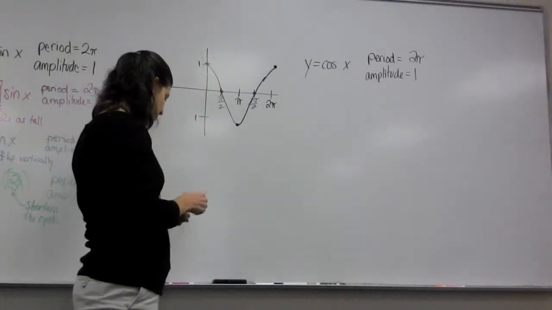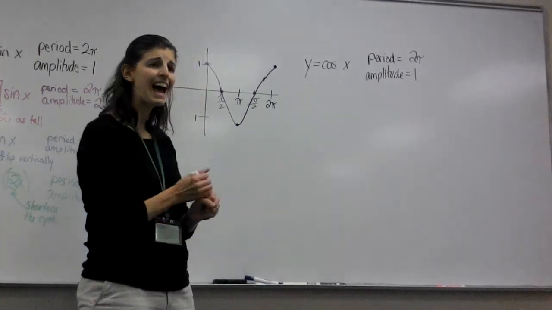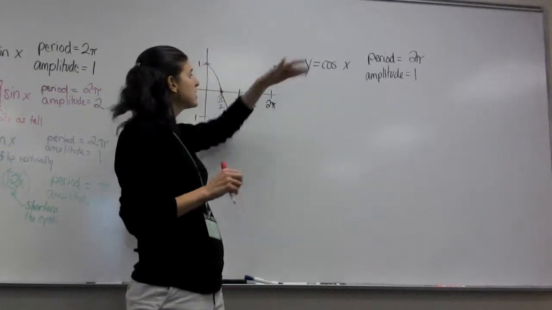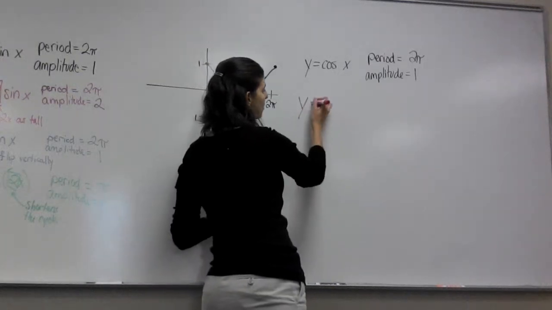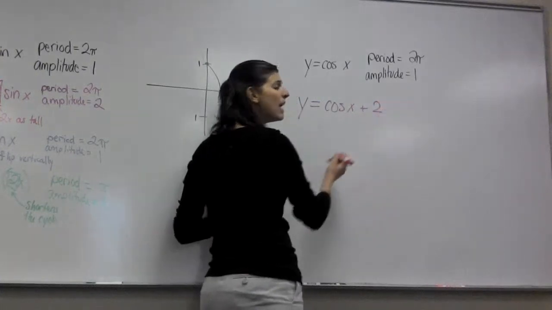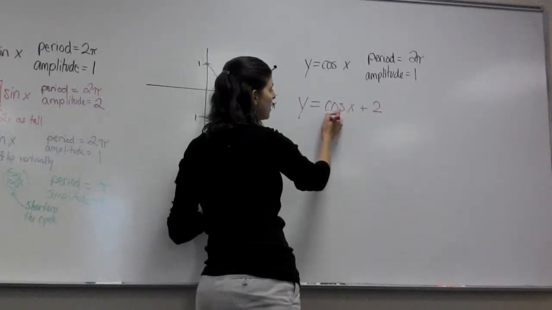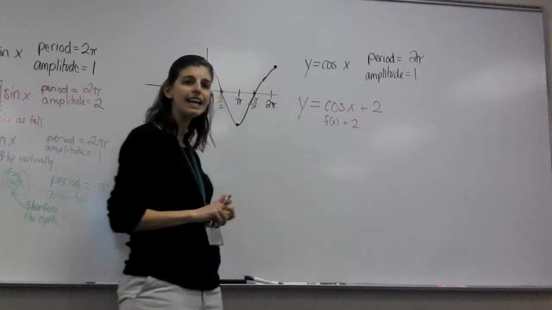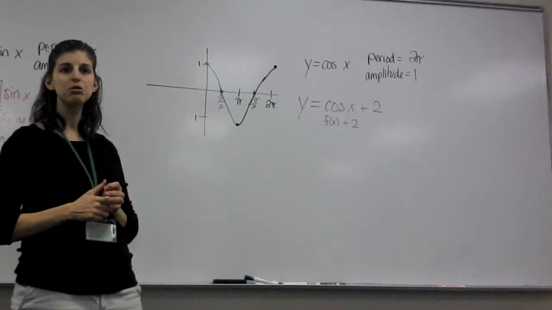Now let's graph some more. Let's see what happens when I add and subtract a number. So I can add a number outside of cosine: y equals cosine of x plus 2. By the way, that is taking my original function and adding 2 to the height. It is not adding 2 to the x value.